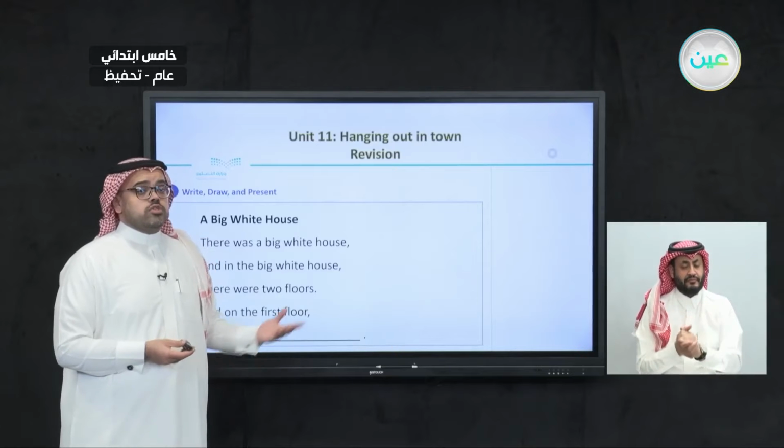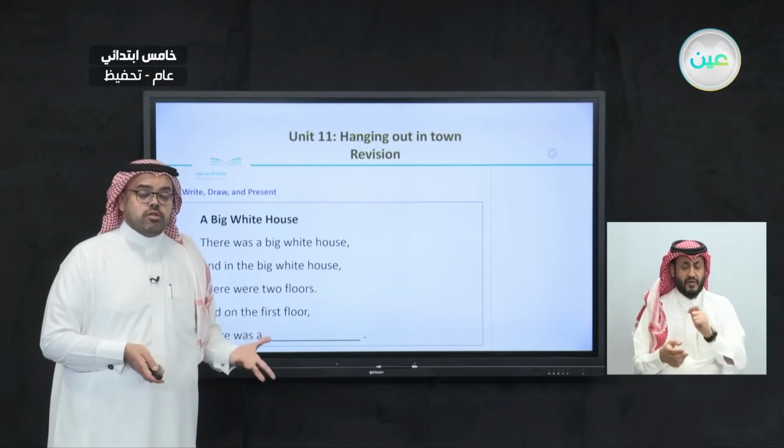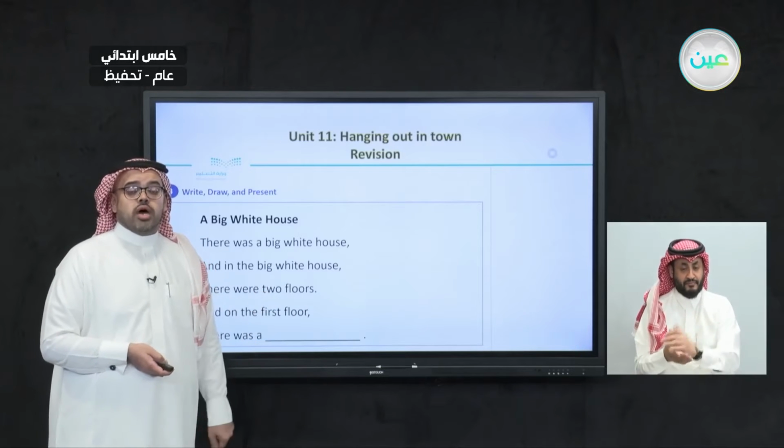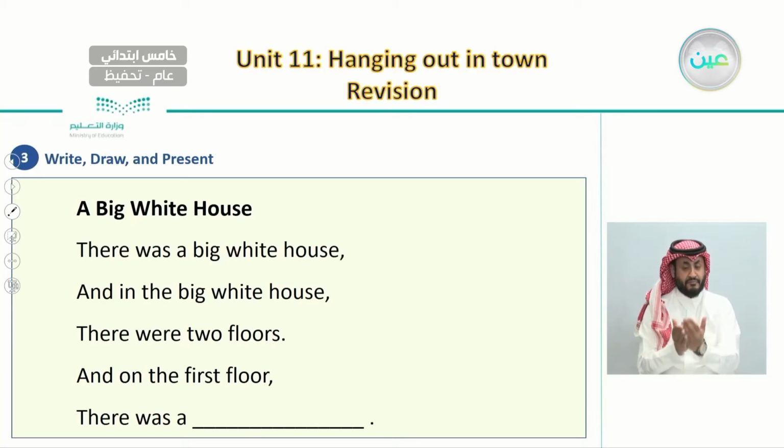So here we suggested from last lesson that we can write one of these options. Let's say, for example, a living room. So the chant will be, and on the first floor there was a living room.